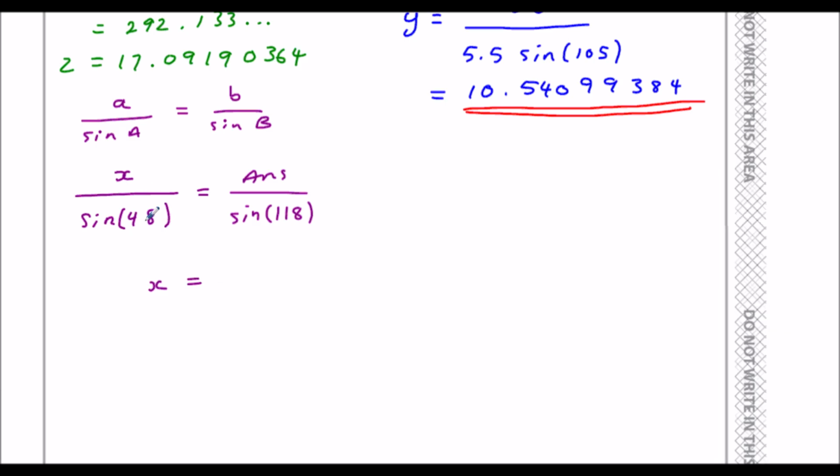To get x by itself, I'm going to times both sides by sine 48. So that will be answer over sine 118 times sine 48. So I'm going to type this in the calculator now. Answer over sine 118 times sine 48.